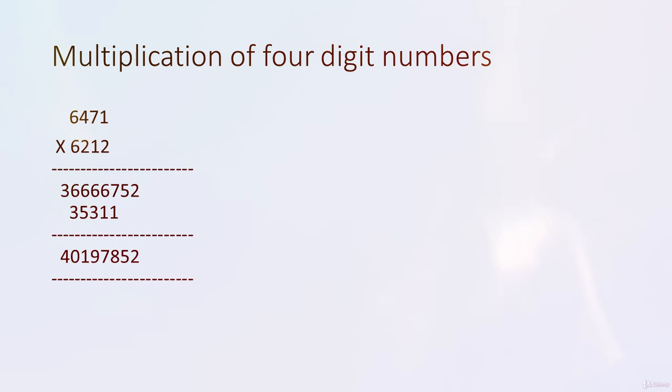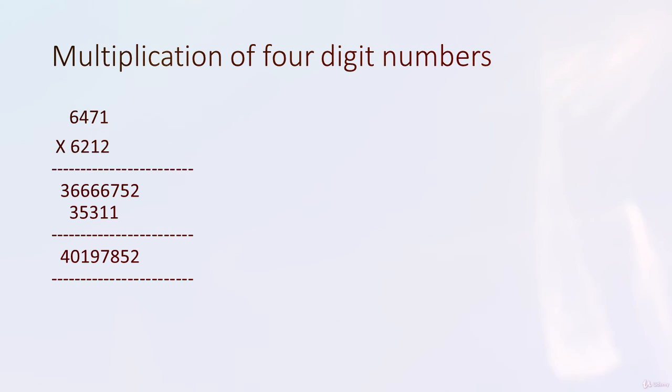And now we come to the fourth digit, which was looking very complicated. That is cross multiplication between the first and fourth digits and cross multiplication between second and third. So we will multiply 6 by 2 and 6 by 1.